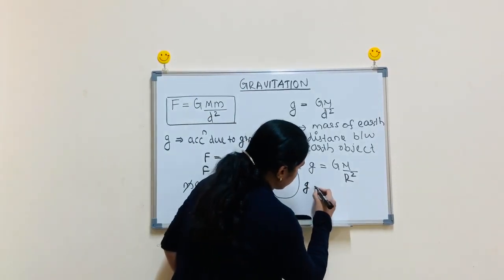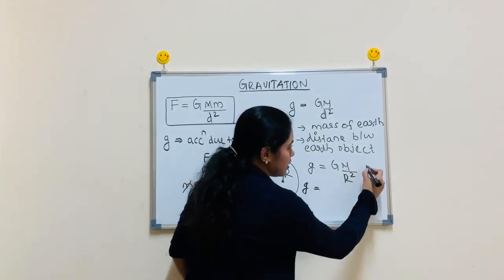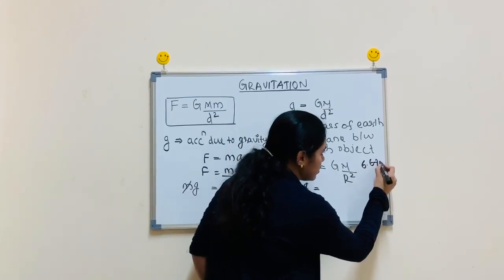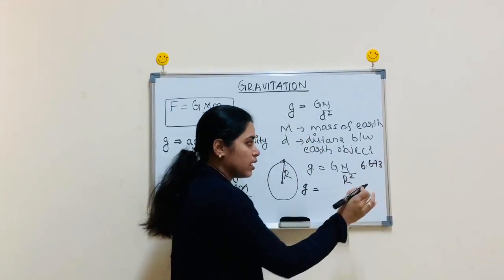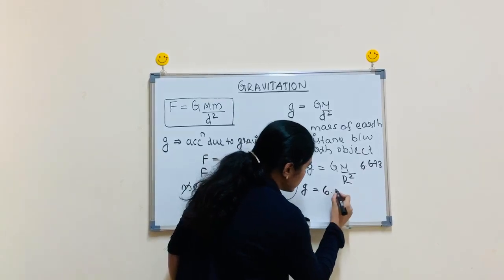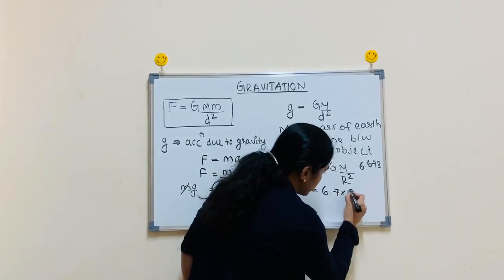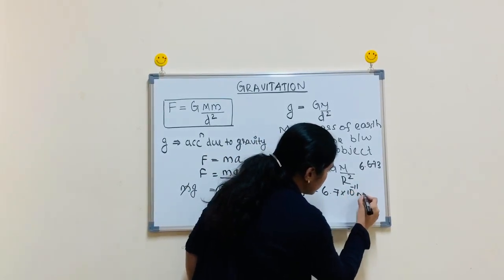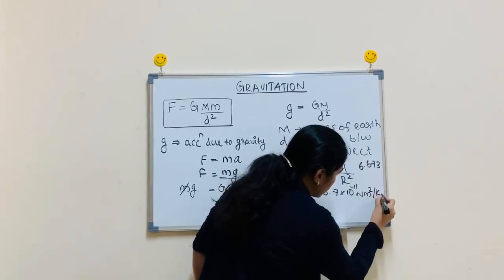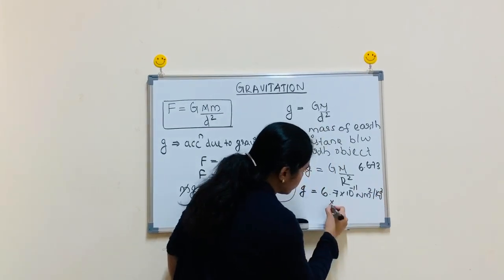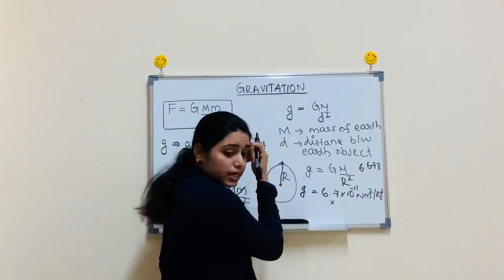Now we have to find a value for this acceleration due to gravity. For that, what is G? G is actually 6.673 into 10 raised to minus 11. While rounding, we get 6.7 into 10 raised to minus 11 Newton meter square per kilogram square into the mass of Earth.